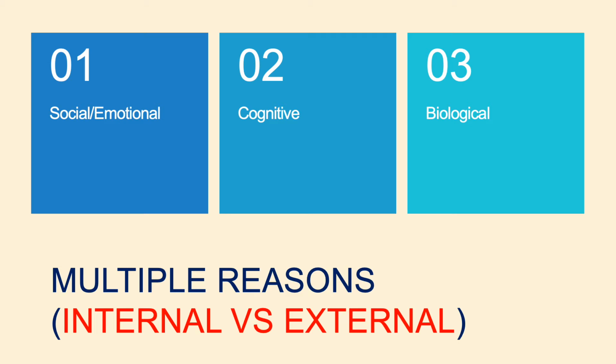Have they slept? They're teenagers. They're going through emotional, hormonal changes. So there's a whole range of issues. But the issue is that there are both internal and external reasons why they might act or behave poorly. Both internal in the sense of within the school, but also wider external forces as well.